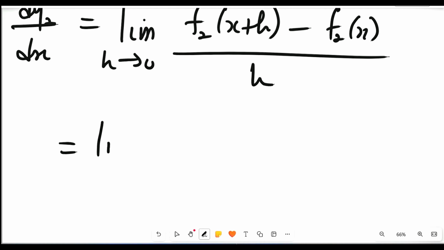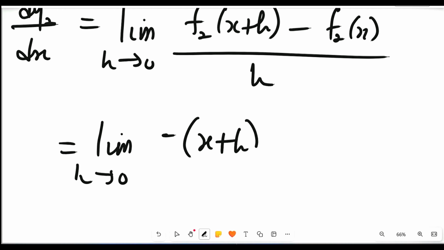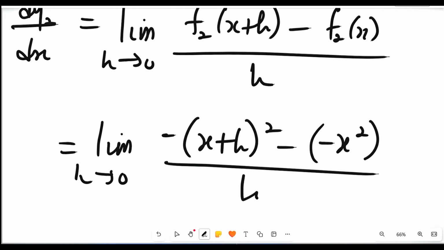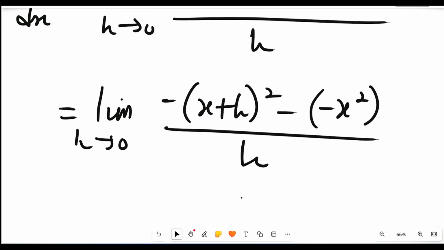We are going to get the limit as h approaches 0. Our f2 of x plus h is negative bracket x plus h all squared, minus our f2 of x, which is negative x squared, all divided by h. So we continue to simplify.